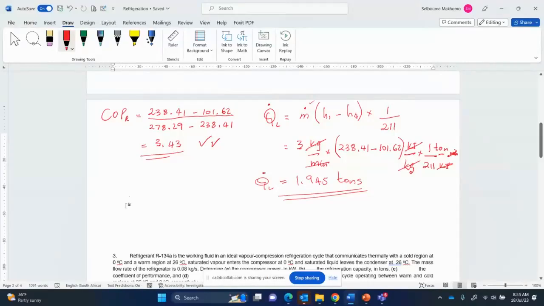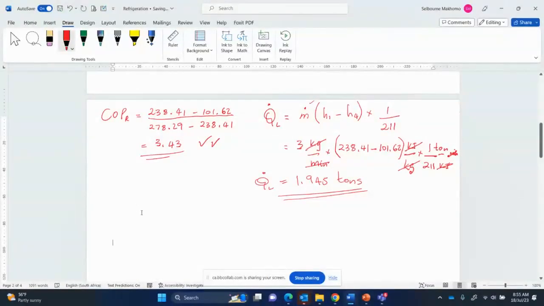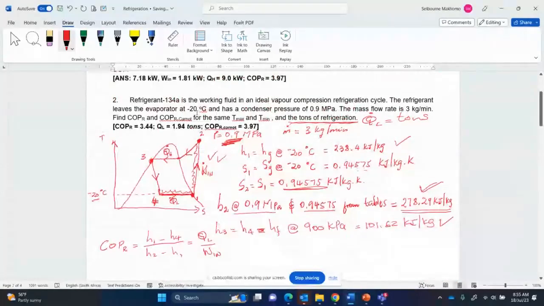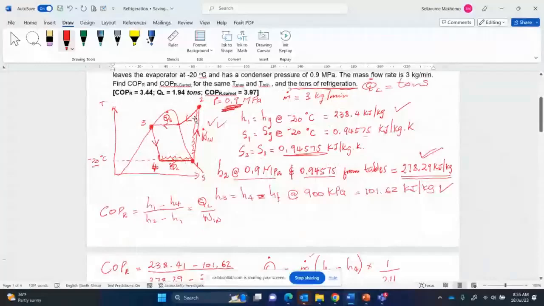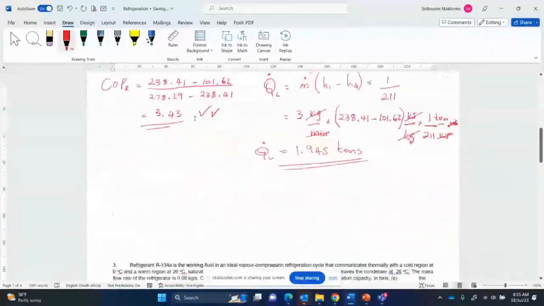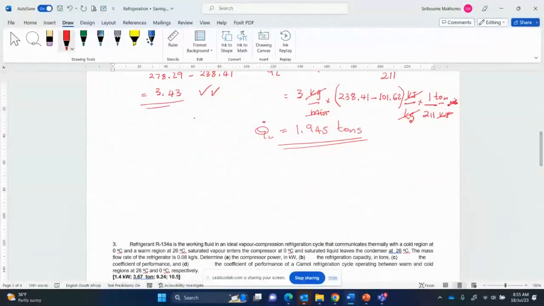The last one, the question says calculate the COP of Carnot cycle. Let me first just solve it and I'll explain it afterwards. So COP Carnot R, it is 1 divided by TH divided by TL minus 1.